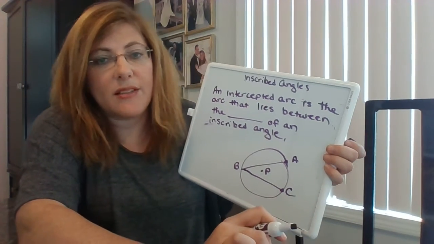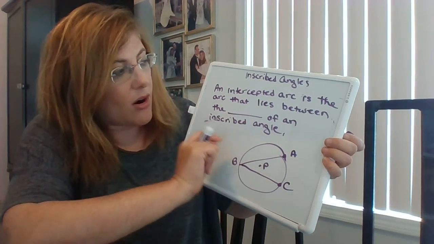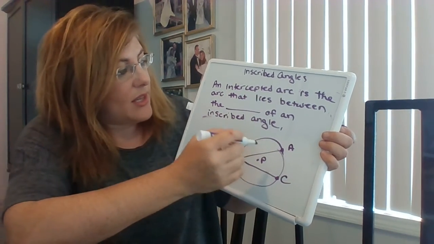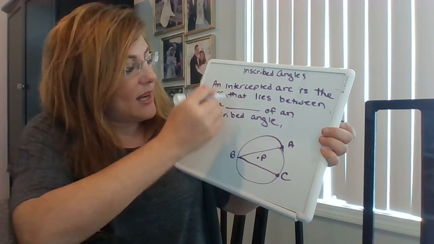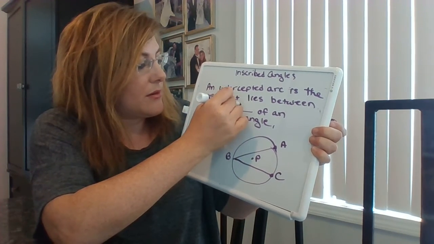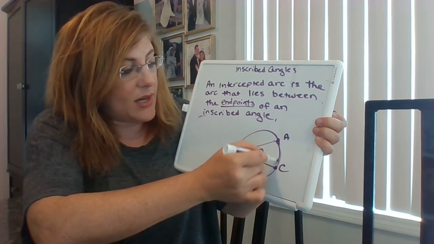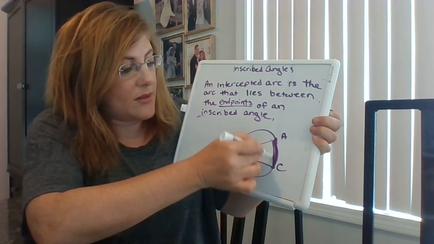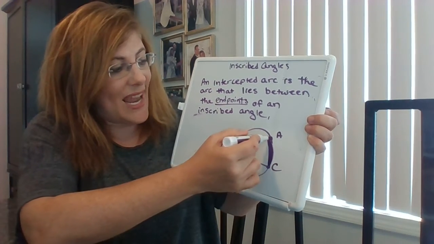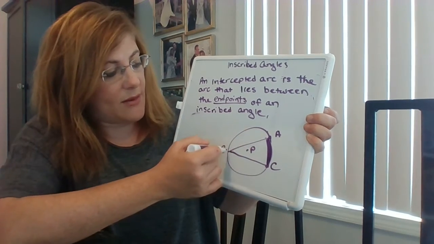Just to review what an inscribed angle is and what an intercepted arc is. An intercepted arc is the arc that lies between the endpoints of an inscribed angle. So this right here, do we see how this piece is the arc that lies between the endpoints of inscribed angle ABC?